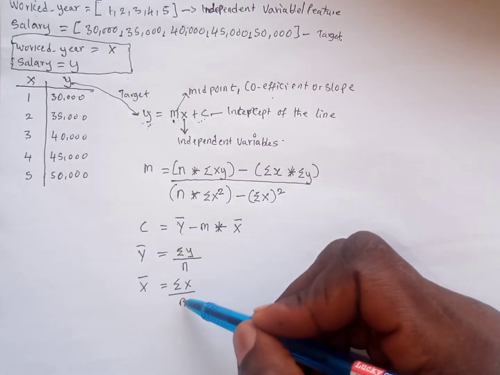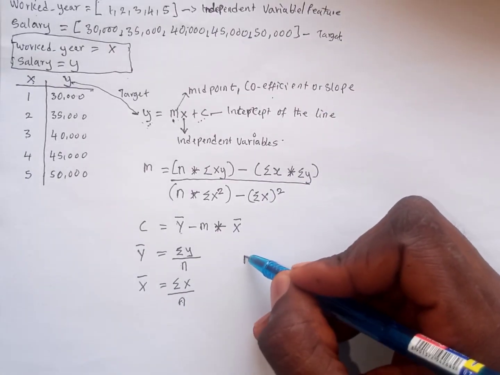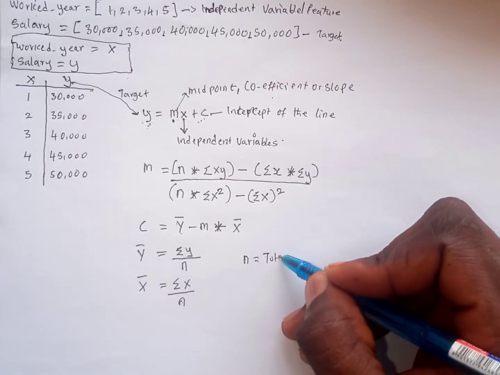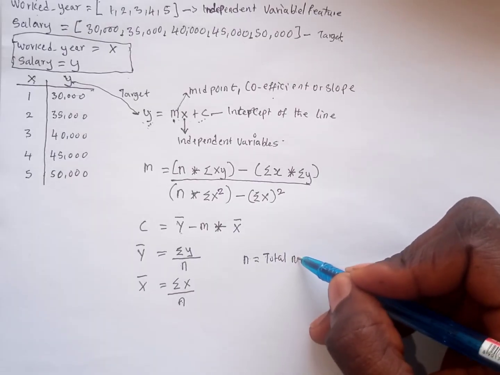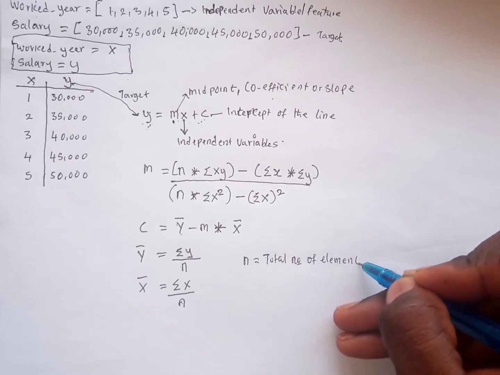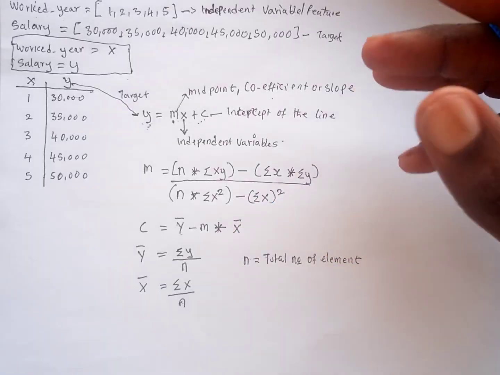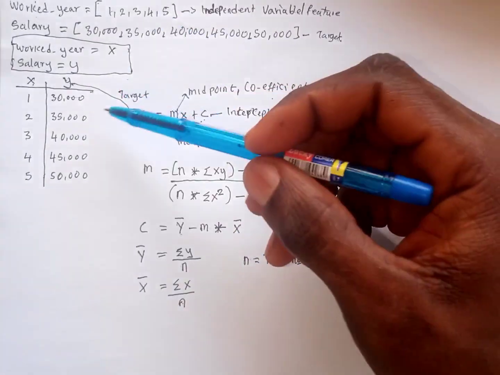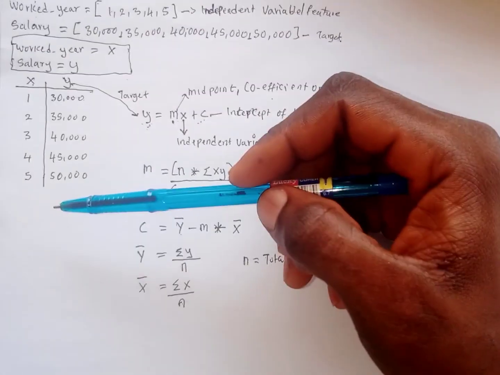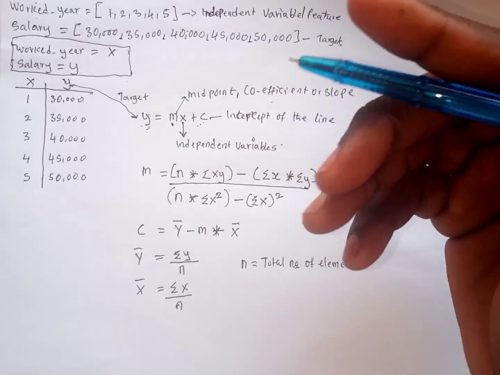So what is this n? Okay, let me write it down here. This n is basically the total number of elements. When I say total number, you can think of it as the total rows of data that we have, because when we count here, 1, 2, 3, 4, 5, the rows of elements that appear in our data is actually 5.